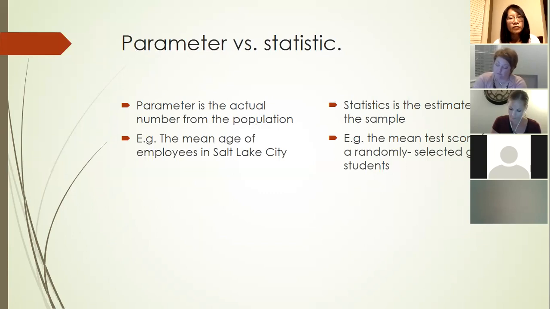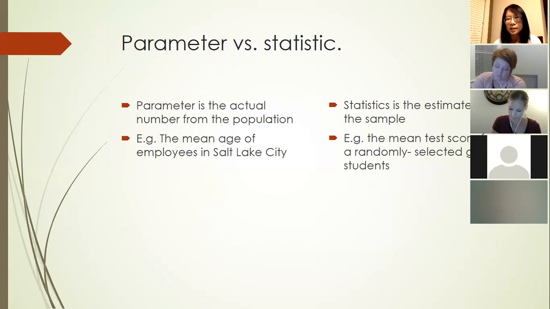And what's the difference between a parameter and a statistic? A parameter is the actual number drawn from the whole population. For example, the mean age of employees in Salt Lake City is a parameter.